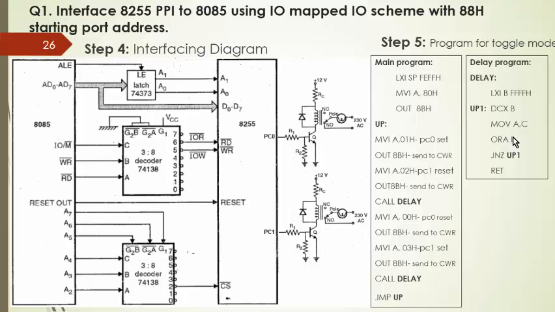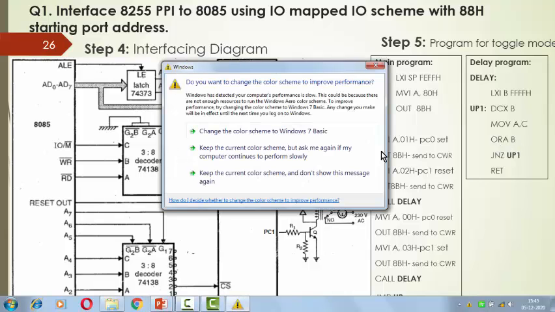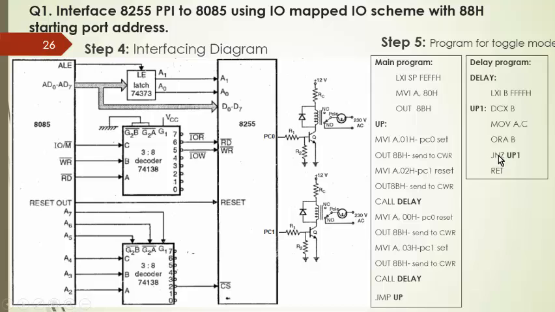So this is the subroutine program or delay program. Here LXI B, the count value is FFFF hex, decrement the BC register pair with DCX B, move the C register content to the accumulator, because by using DCX B, the C register content gets decremented first and then the B register. So you have to OR the C register content with the B register.